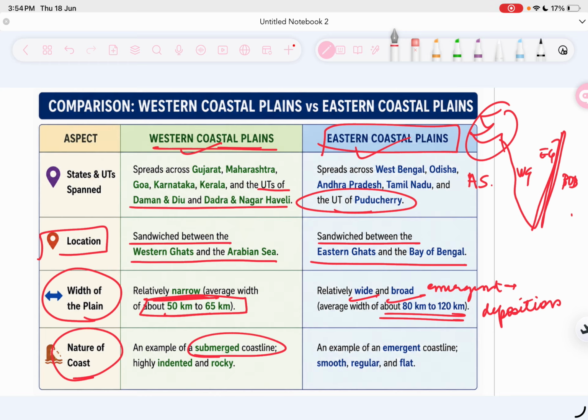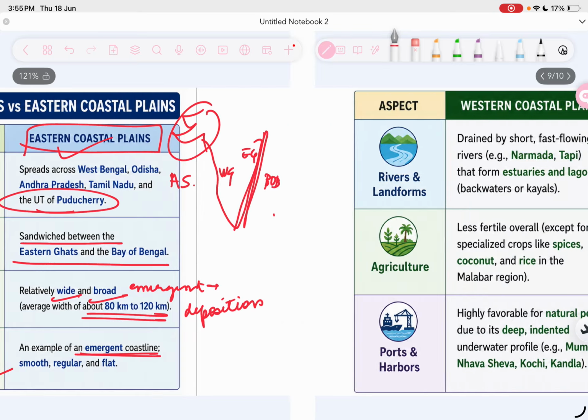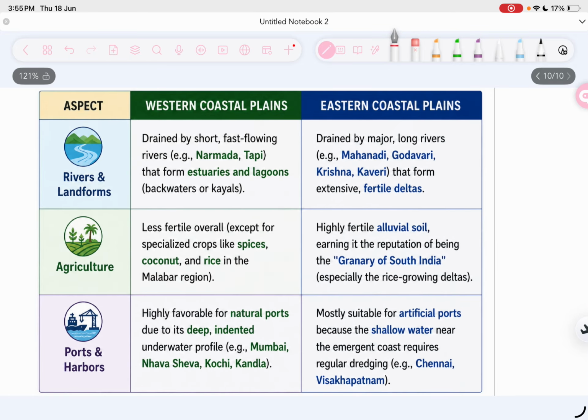When we talk about the western coast, it is usually considered an example of submergent coast because mostly the part is submergent, but we also have emergent and stable. Emergent in the form of Kutch, as we have already seen, and stable in the form of Malabar. The eastern coast is an example of emergent coastline.